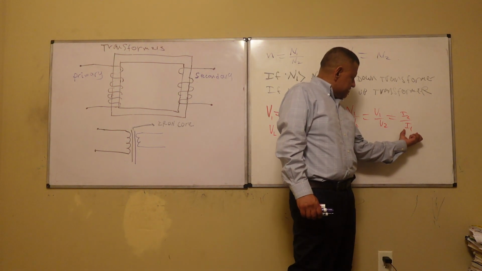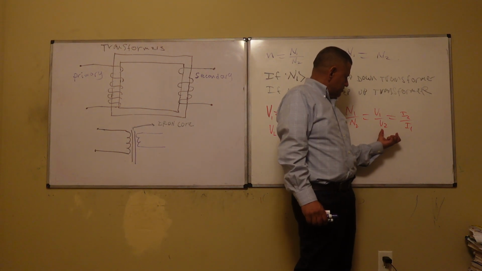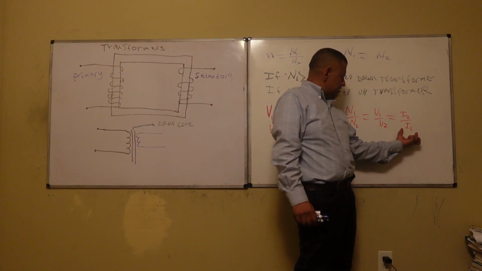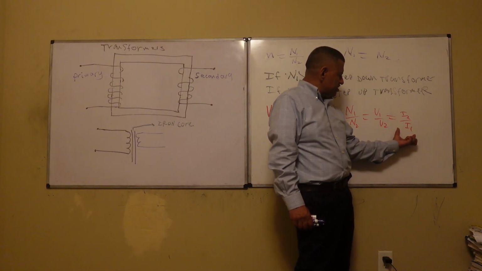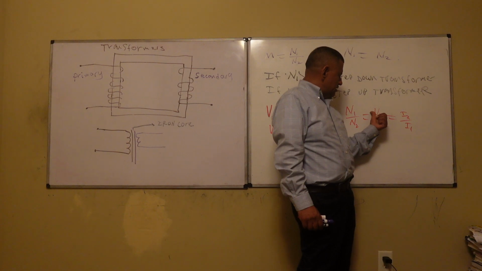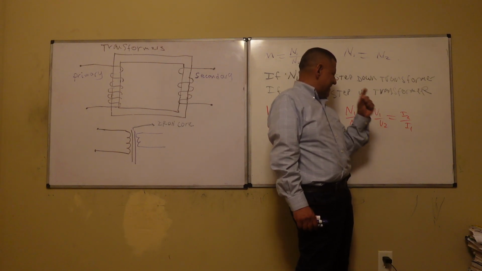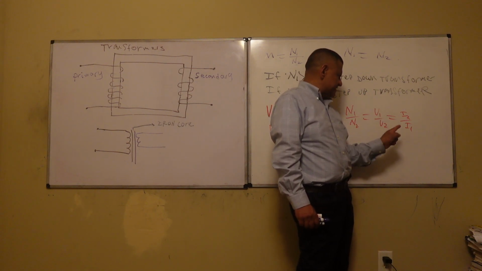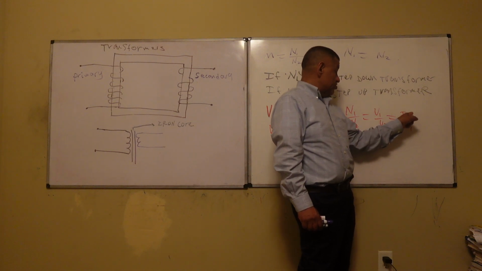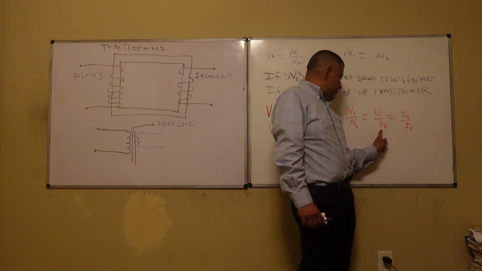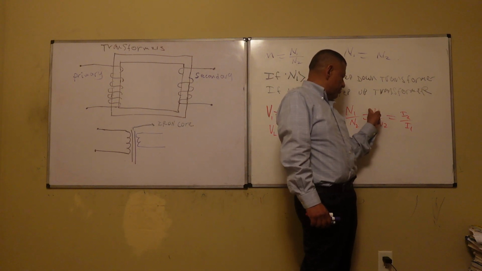So remember that the current of this, right? The higher the voltage, the less is the current, right? So in this case, the secondary goes with this, and the primary goes with this, right?